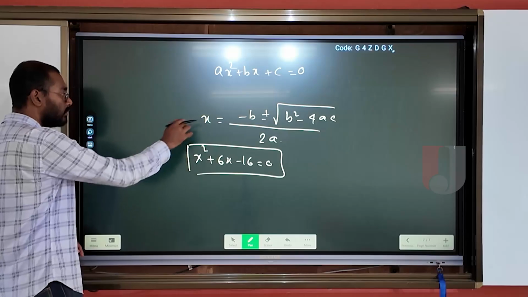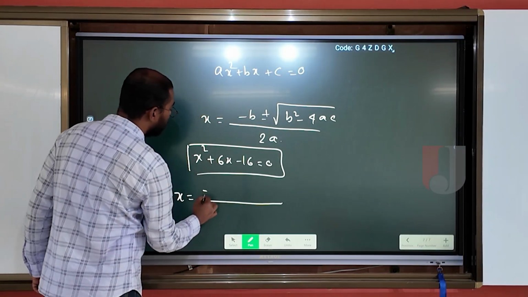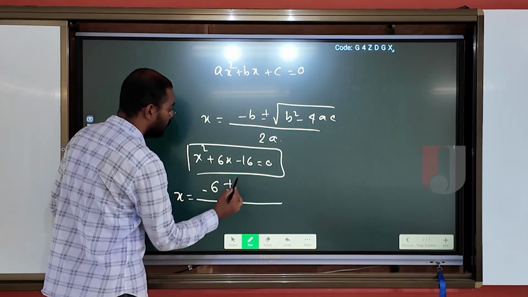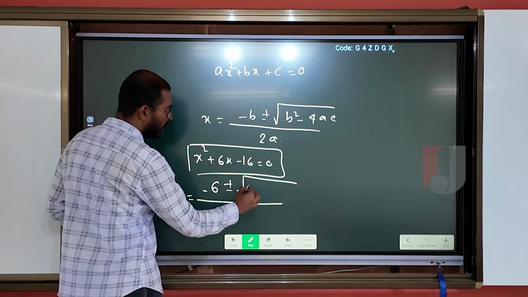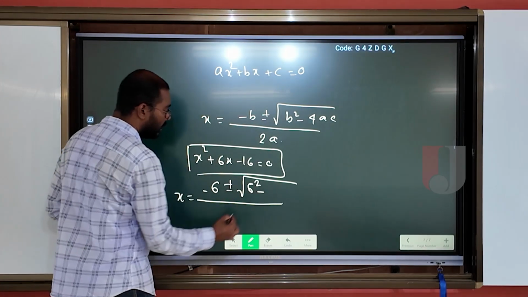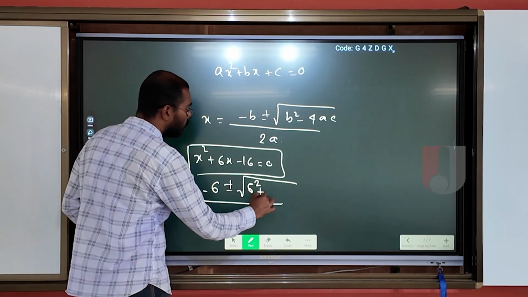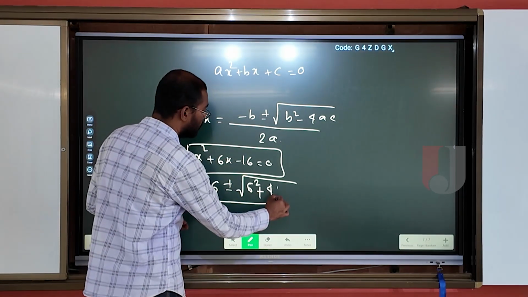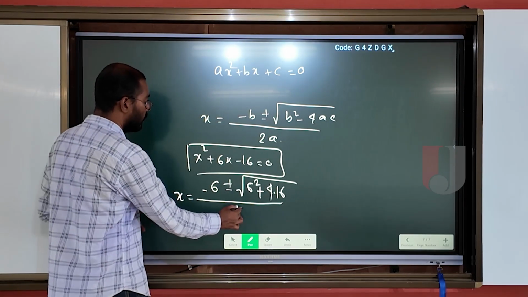Now we have to simplify that. So my x is coming minus b, that is minus 6, plus minus root over of b square, that is 6 square, minus 4 times a into c, that is 4 times 1 into 16, divided by 2 times a, which is 1.